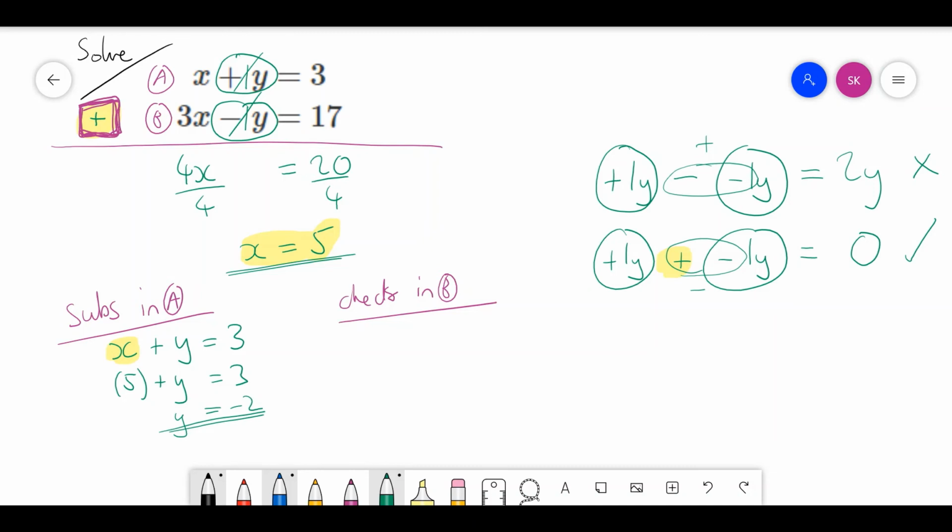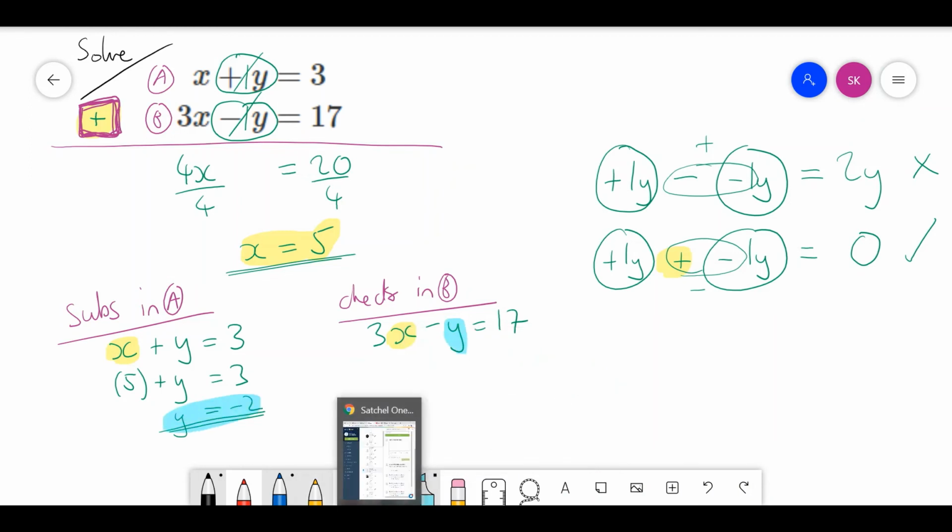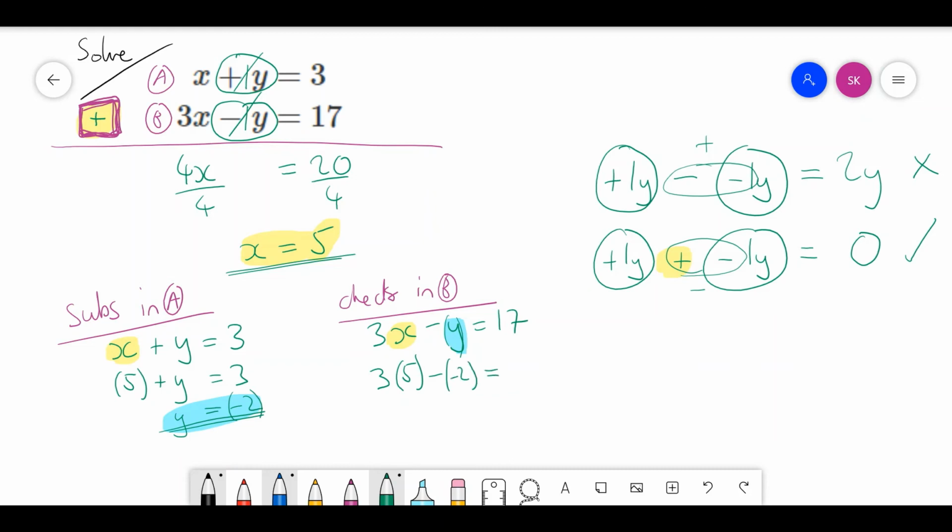So I'm going to write out equation B, 3x minus y equals 17. And I'm going to substitute now both my value for x that I figured out before and my value for y that I figured out over here. You've got to be very careful here with the negatives. 3 brackets 5 minus, and then y, we can see over here, is negative 2. So I've got to get my brackets there.